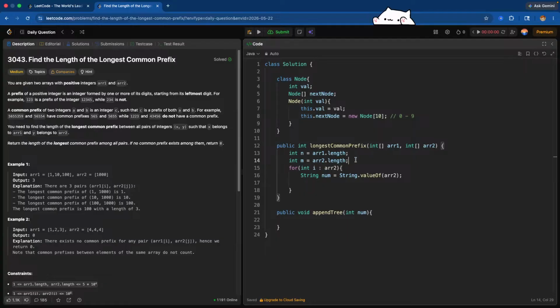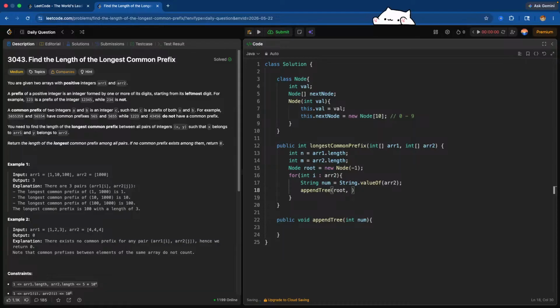And I'm gonna have a root also. Root equals new Node -1. Alright, append tree will take the root as well as the num.